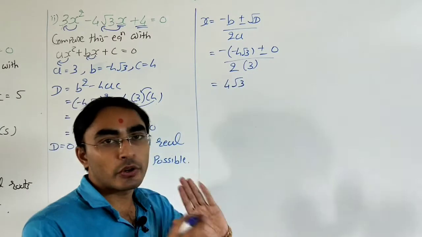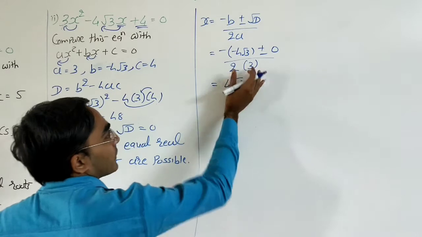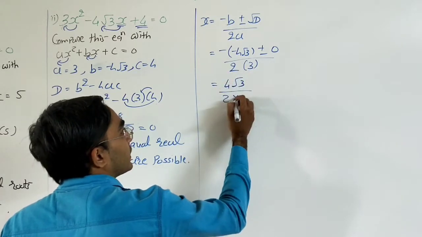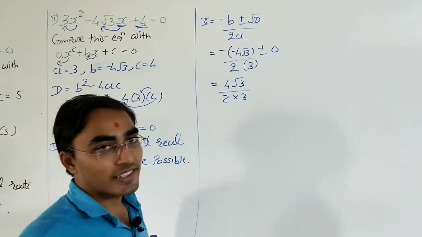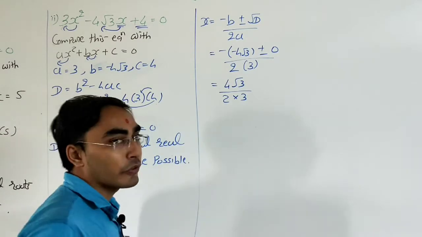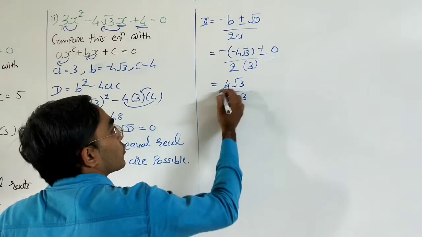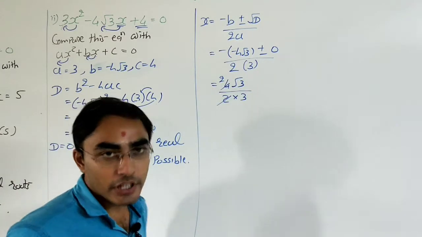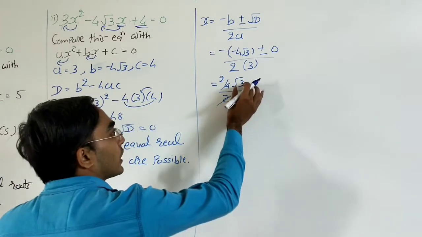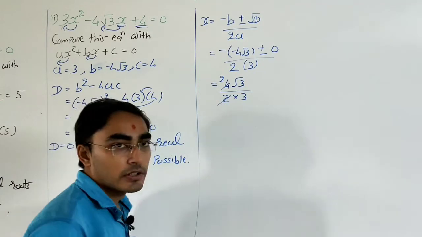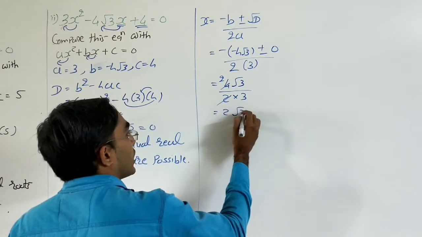In the denominator, we have 2 multiplied by 3. Right now I am not writing the answer as 6, because I want to cut here. Now 2 2s are 4, we can cut it. We can also cut under root 3 with 3, but we do not want to do that.